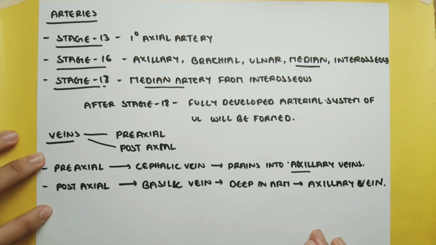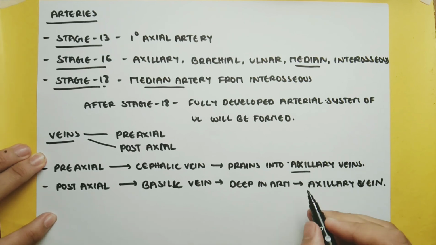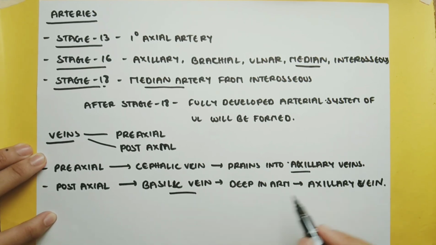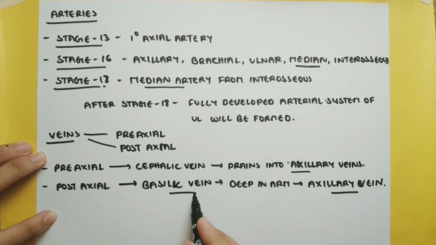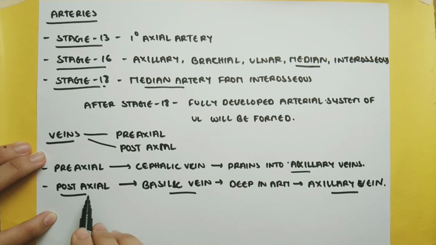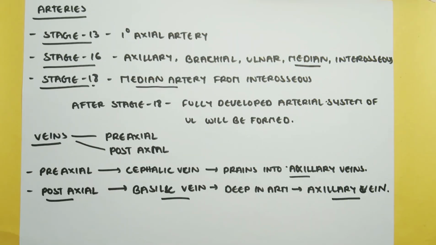So, which vein continues as the axillary vein? The basilic vein continues as the axillary vein. Basilic vein in the developmental stages is the postaxial vein. The postaxial vein becomes the basilic vein, which passes deep in the arm to continue as axillary vein.